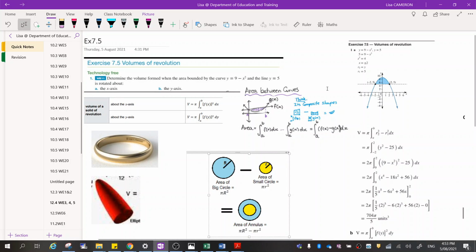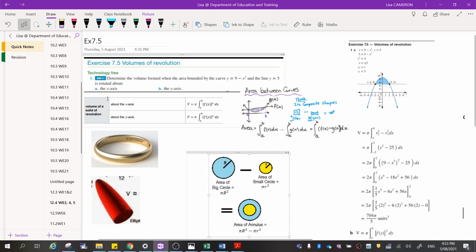So, looking at our formula that we've got over here, you can see that they're quite similar. I've got pi, I've got a radius squared, and I've got another radius squared. So all we're really doing is, instead of having a fixed radius in 2 dimensions, we've got a function for the radius in 3 dimensions.